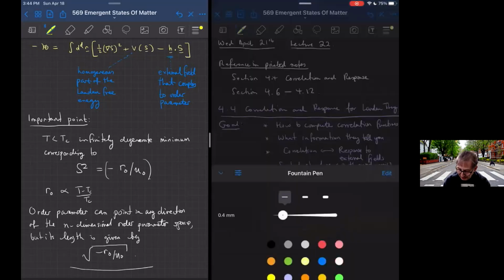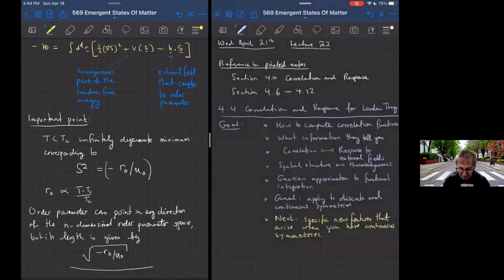Okay, so last time we wrote down the Landau theory for systems with continuous symmetry, but I'm going to slightly backtrack from that. I'm going to follow the notation in the notes, and so what we're going to talk about is the correlation and response for Landau theory.